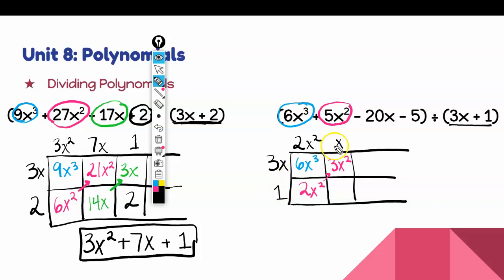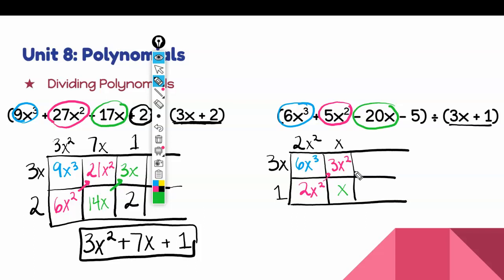Then I have 1 times x, which is just x. And I do not have a 1x. No, I have a negative 20x. So what do I have to combine with x to give me negative 20x? Well, to go from 1 to negative 20, think if you had $1 in your bank account, you ended up with negative $20.